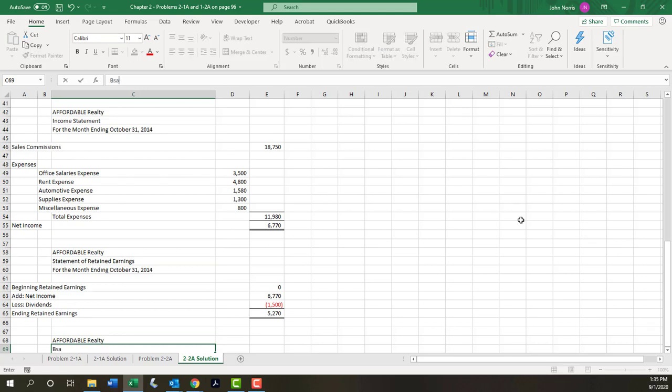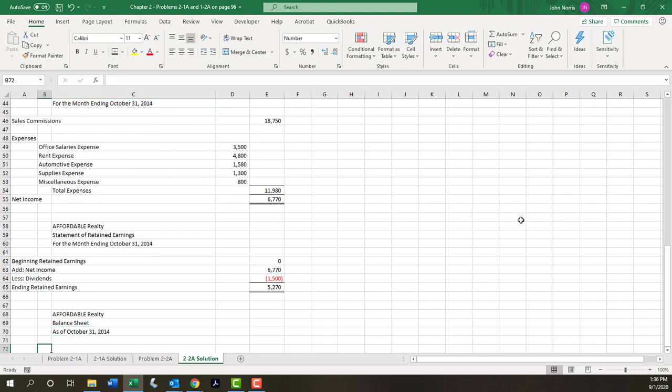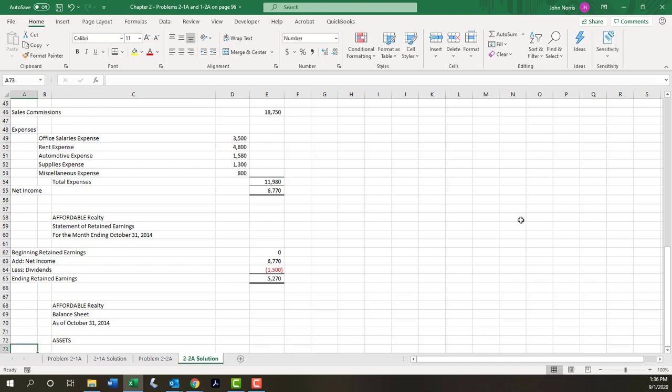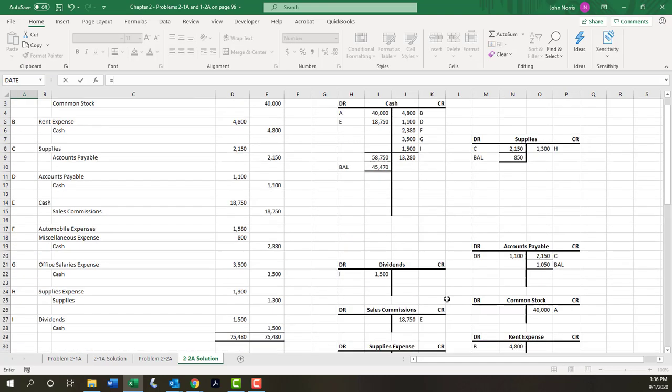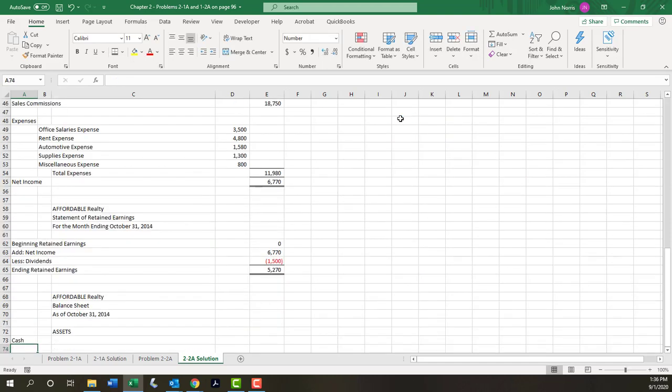The balance sheet for the month, no, it's not for the month ending. It is as of October 31, 2014. We have assets equals cash and supplies.